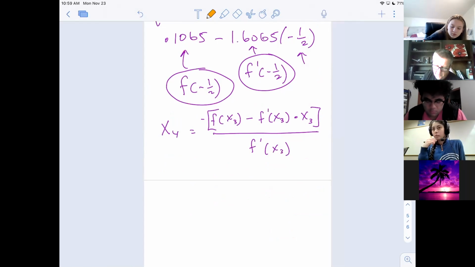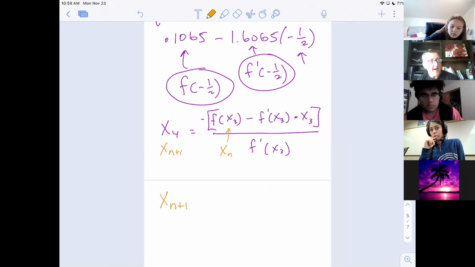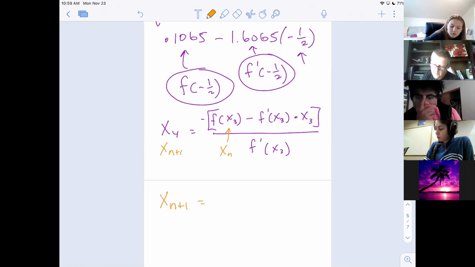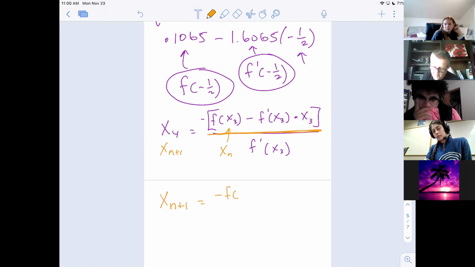Well, let's even take it to another notch. Let's even say this: next term here. So I'm going to think of this as our next term, and this is our previous term. So whatever term you're at, this is how you get your next term. Would you agree that since everything up here is divided by this derivative, then I can say that'd be negative f of xn, divided by f prime of xn.